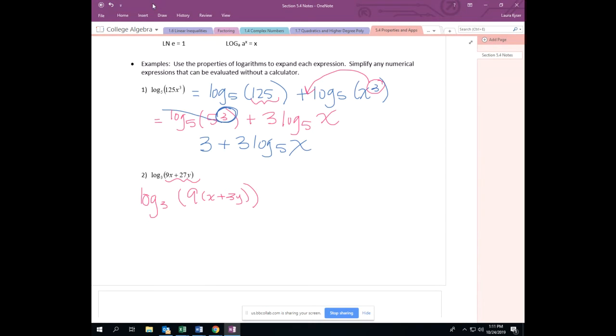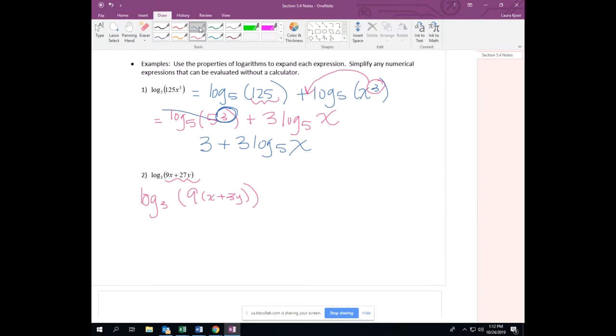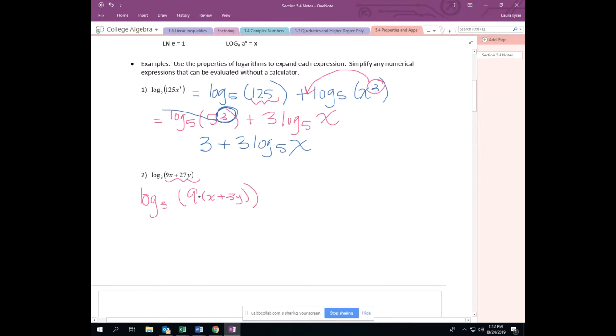Now this is a product, 9 times this binomial, which means that I'm going to be able to split this product up using addition. That means we've got log base 3 of 9 plus log base 3 of x plus 3y.